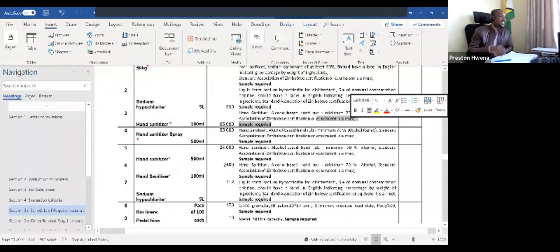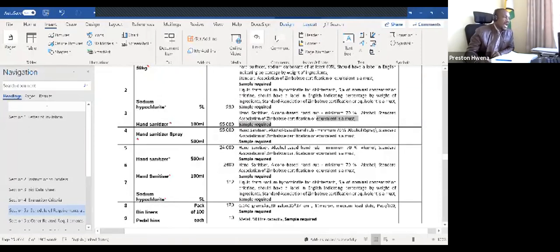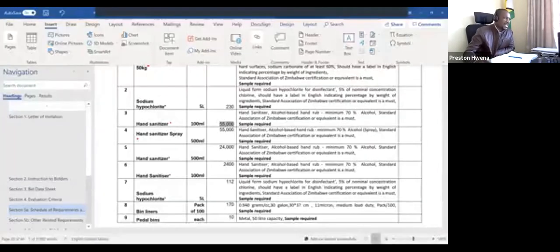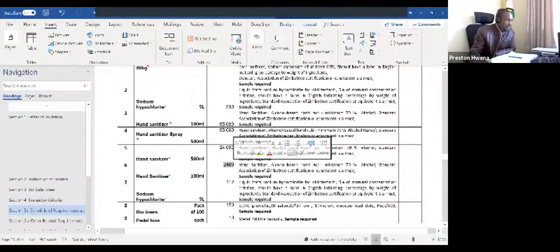You also see that on my ITB, I've combined the quantity of hand sanitizer in the 100 mils; there will be one line combining these 2,400 and the 55,000. The reason why I've split them here is that I've combined the requirements from various requesters. So another requester just needs 2,400, another requester just needs 55,000 by 100 mils.